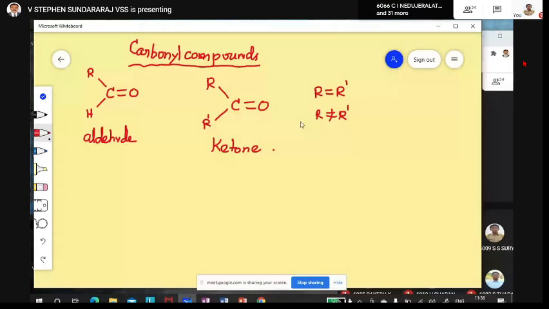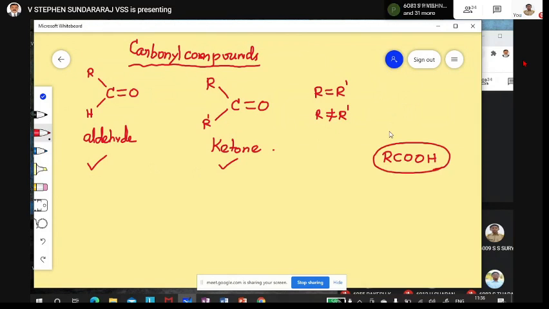In the same chapter we will be studying aldehydes in addition to ketones. The third one is RCOOH, that is carboxylic acid, but it is not a carbonyl compound. Why? When we discuss carboxylic acid, you will come to know.